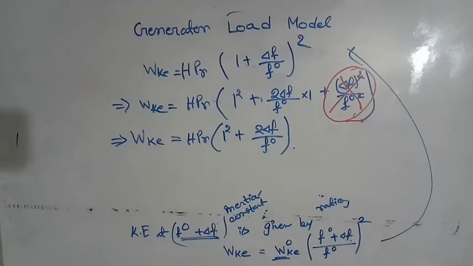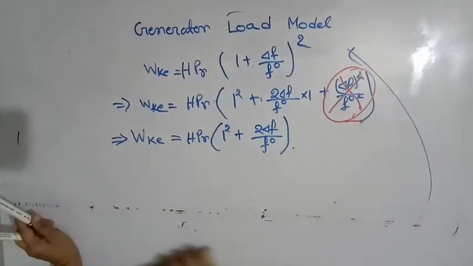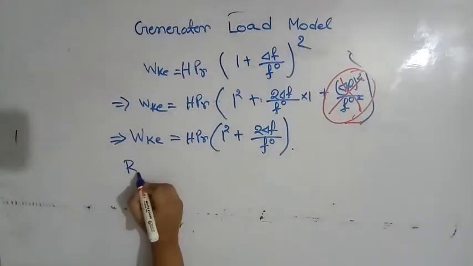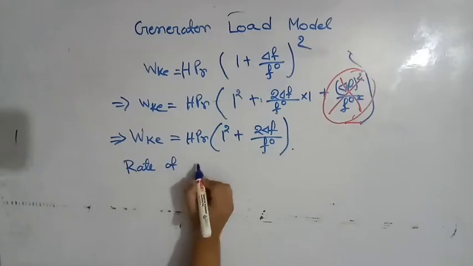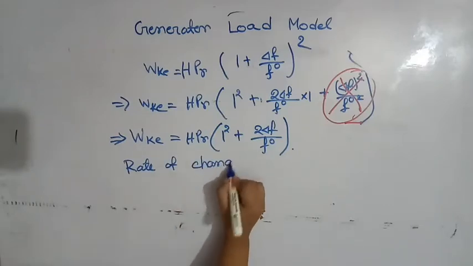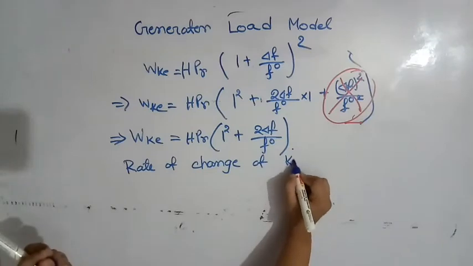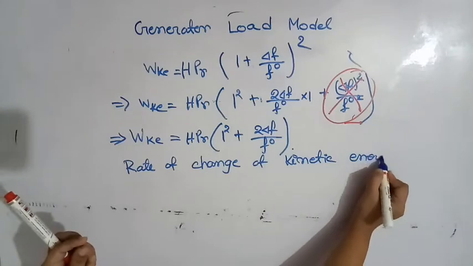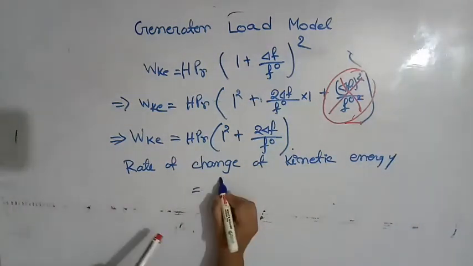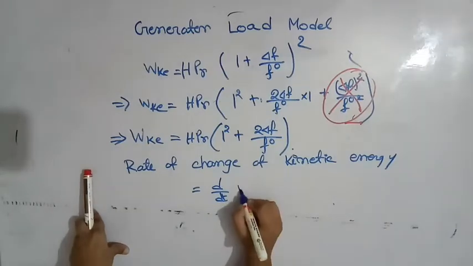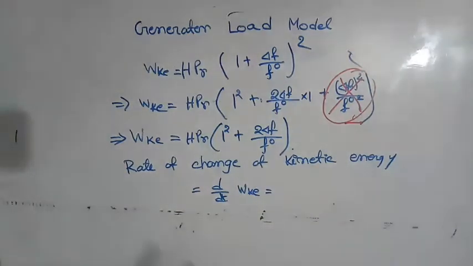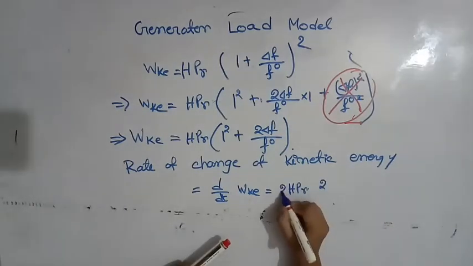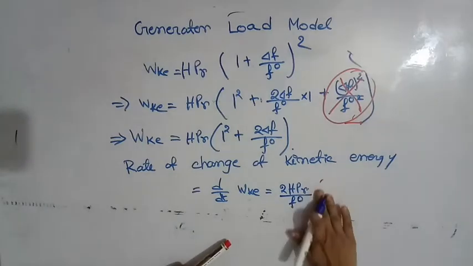Now, the rate of change of kinetic energy is d/dt of WKE, which equals d/dt of HPR, a constant term, into F0.